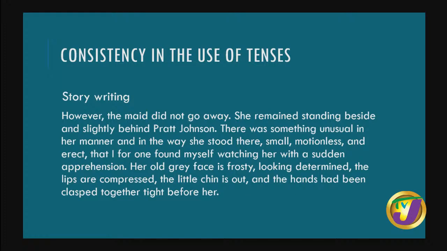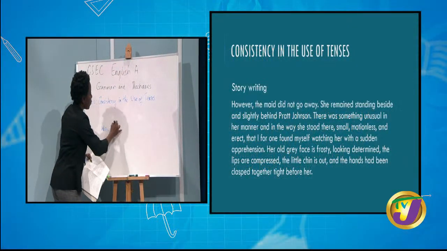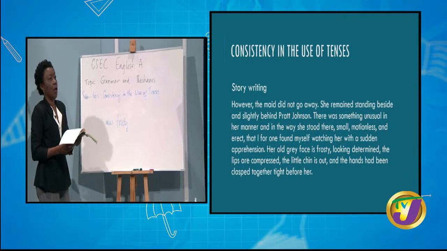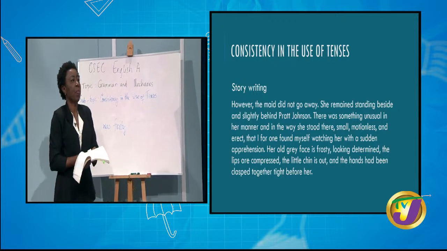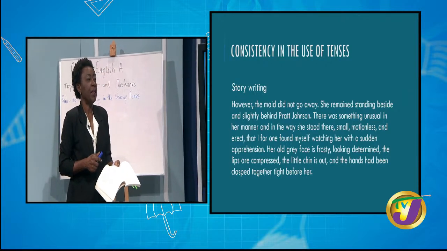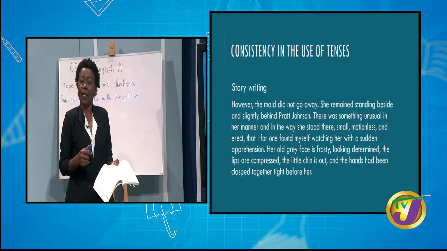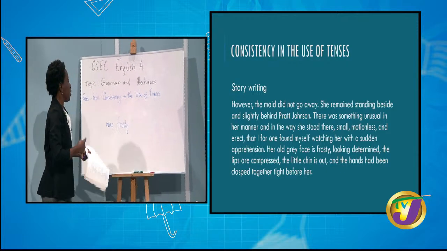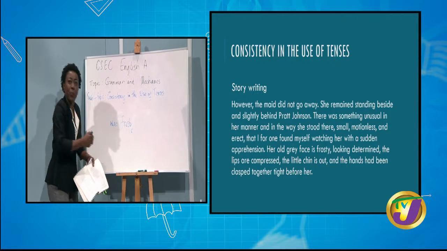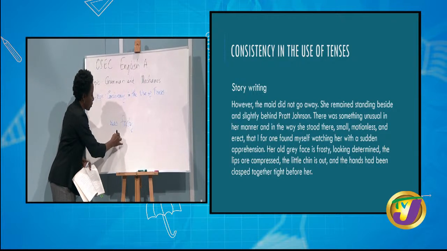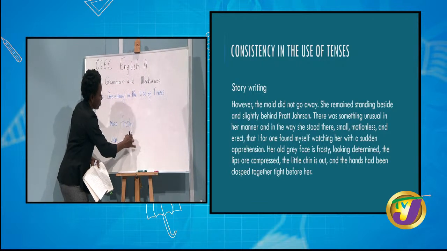So we have was frosty. Okay then. Was frosty. Looking determined. Okay? The lips are compressed. Is that correct? No. Were compressed. So, you say you purse your lips. Okay, so were compressed.